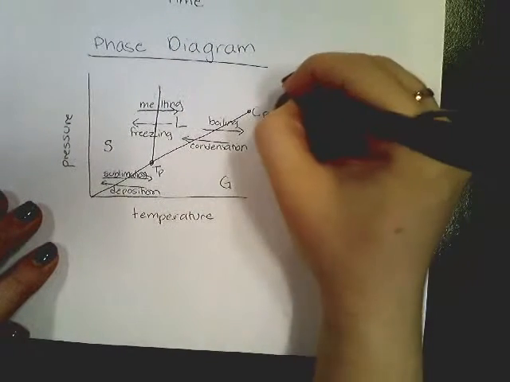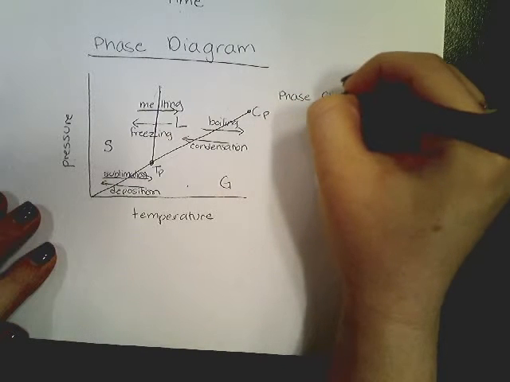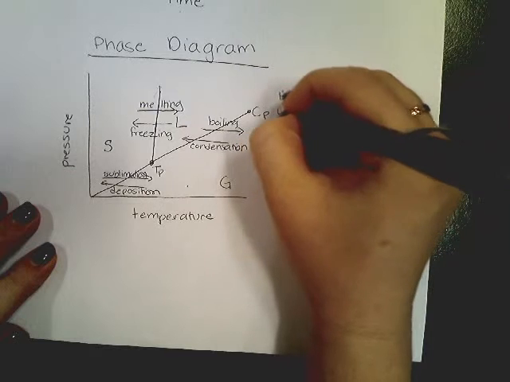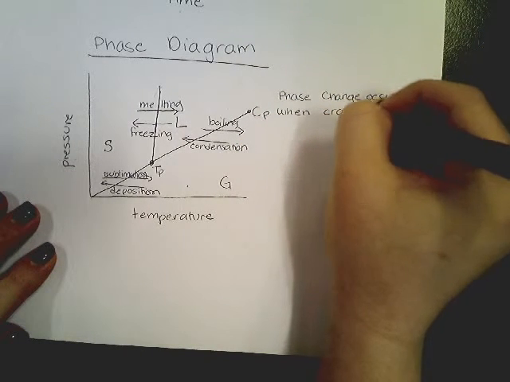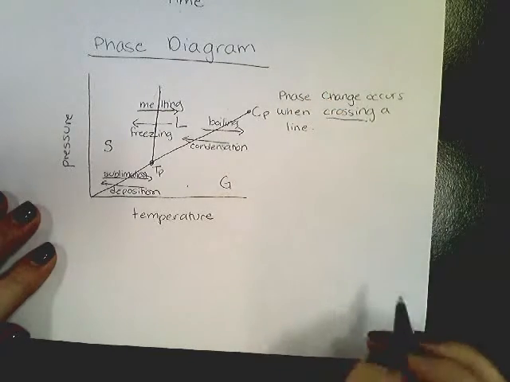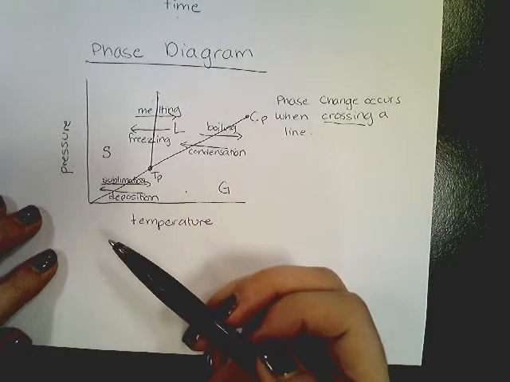So we know that a phase change occurs when crossing a line. So the key to this is we're crossing a line. We're going from one phase to a different phase.